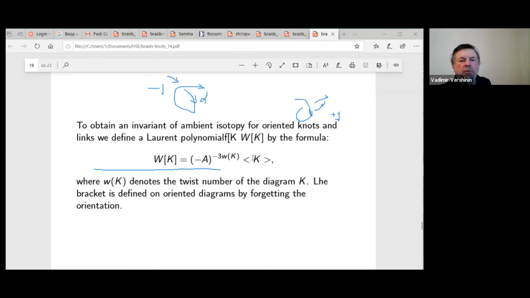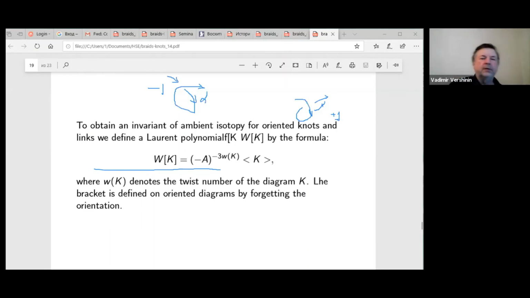You consider the Kauffman bracket of K, which means that you forget about orientation. This is well defined. But here the rise has its own right, and you make this correction.